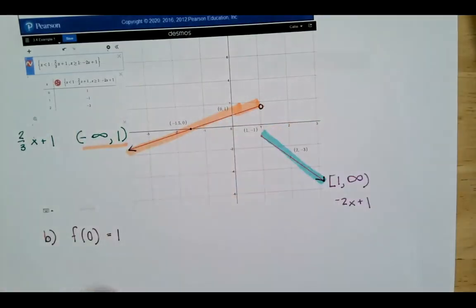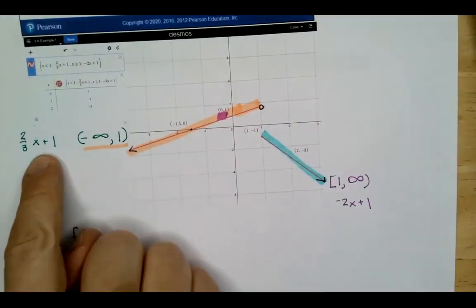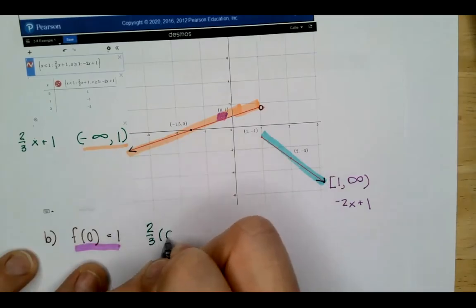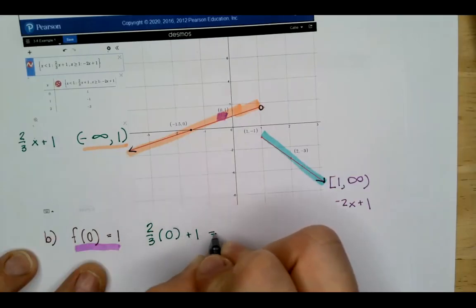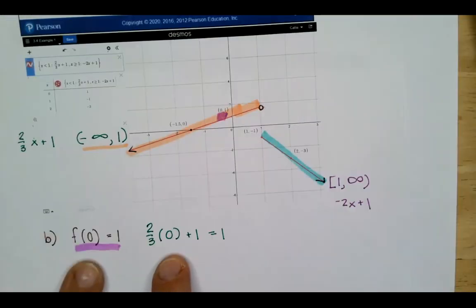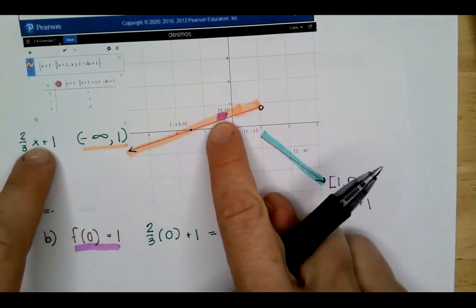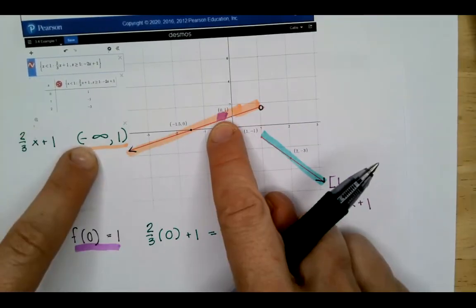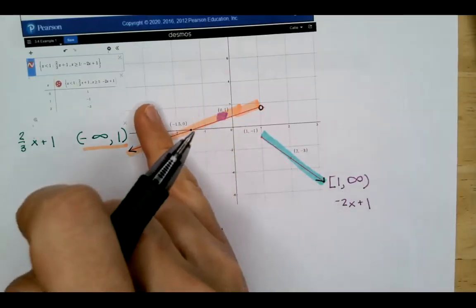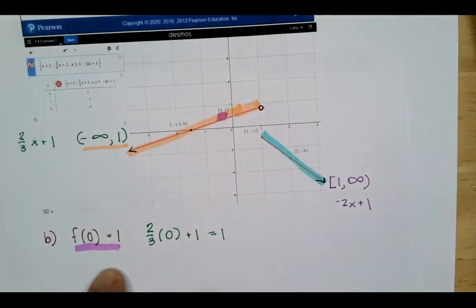I can just see that. f of 0 is 1. And we're talking about this equation, so I can check it. 2/3 times 0 plus 1: 2/3 times 0 is 0, plus 1 is 1. Good, because I knew to use this equation, since I don't have an f of 0 for this part of the equation. This part of the equation doesn't exist where x equals 0. It begins existing where x equals 1. So that's f of 0.